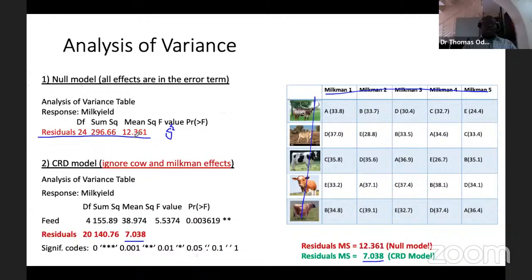Part of this sums of squares goes to feed, and part now goes to residual. If you add these two, you should get that. Of course, the effect is now on the mean sums of square. So you can see we are able to reduce our variance from 12.36 to 7.038.